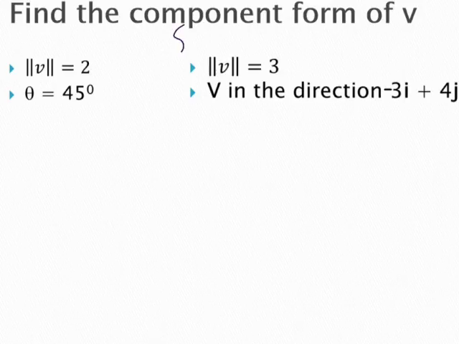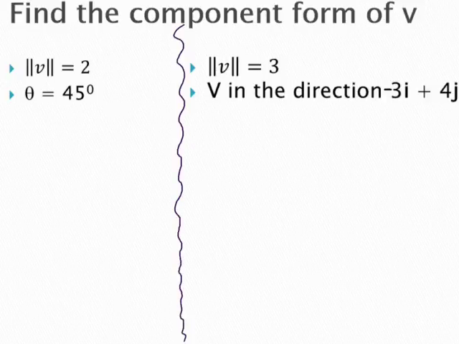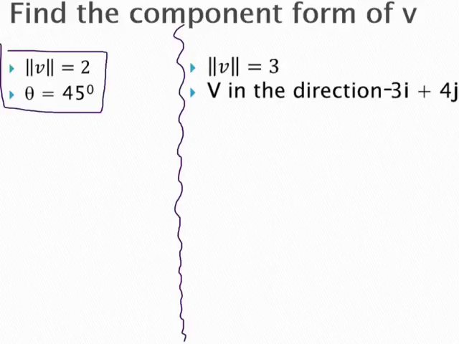Okay, so here are two examples that we are going to do. All right, our first example, we have v has a magnitude of 2 and an angle of 45 degrees. So, if we wanted to find the component form, we would first think about the horizontal component.